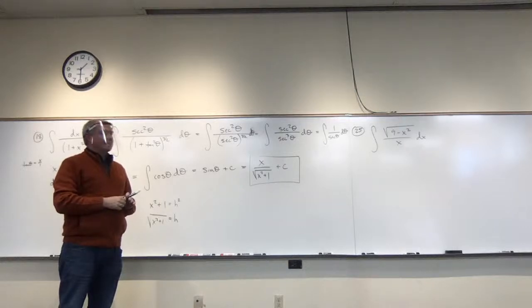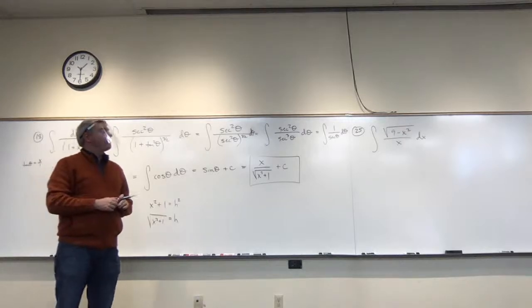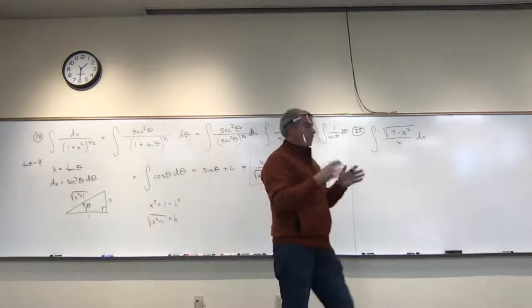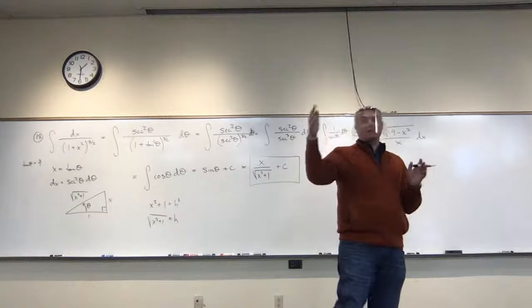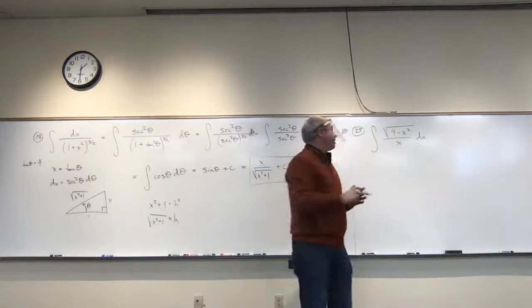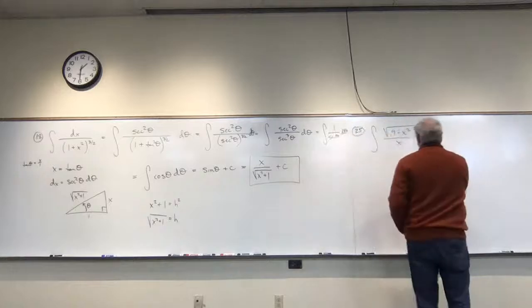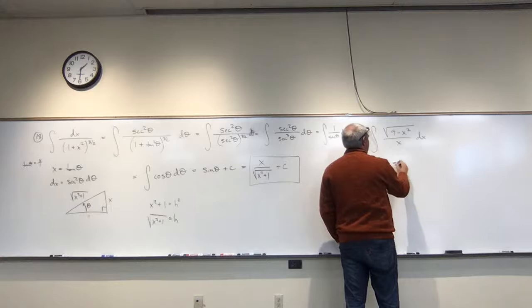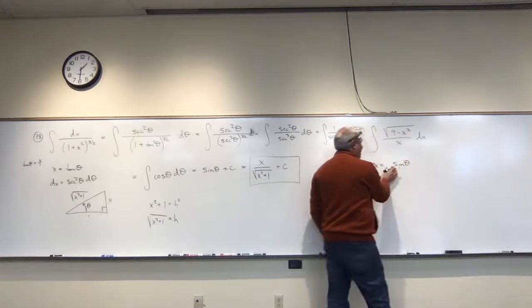Tangent, sine, or secant? Sine, that's right. So the one to remember is cosine squared theta equals 1 minus sine squared theta. So we're in a 1 minus something squared, so it's sine. So we take x equal to sine theta, and then do we need anything else?